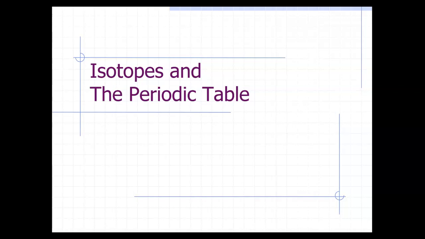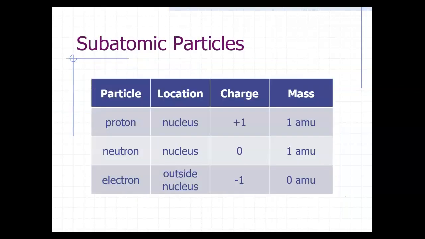They are identical in the sense that they have the same number of protons. They must be, or they would not be atoms of the same element. But they can have different masses, and that's because they would have different numbers of neutrons, and that would make them isotopes. So isotopes are two atoms of the same element that have different masses because they have different numbers of neutrons.